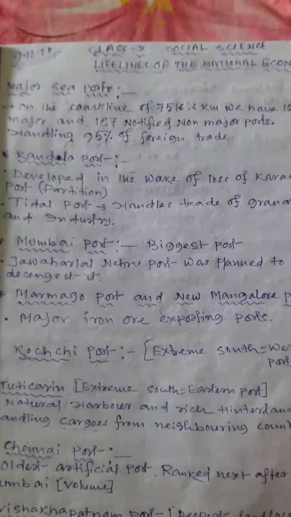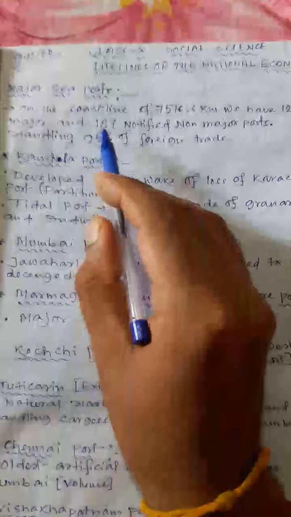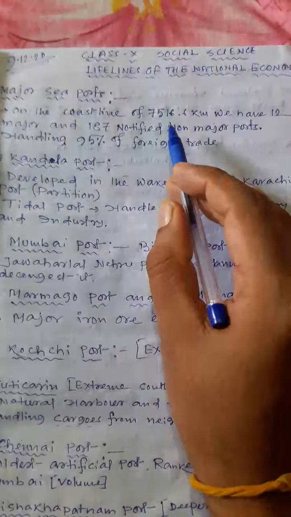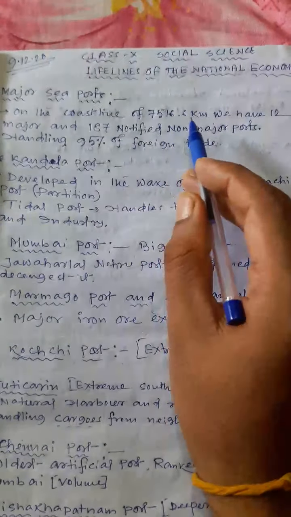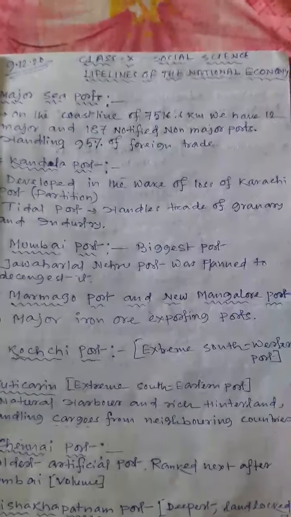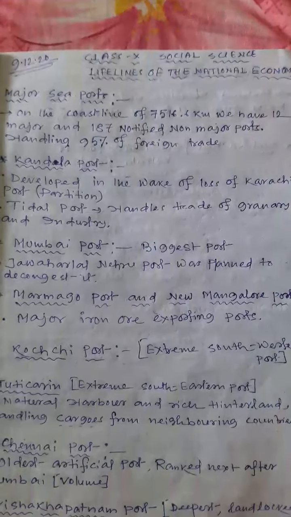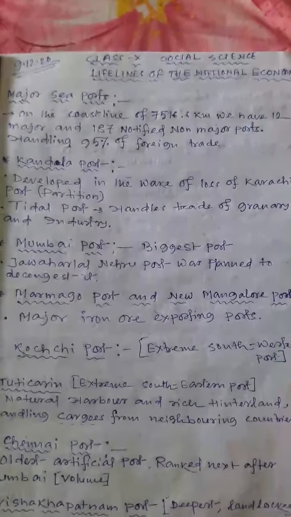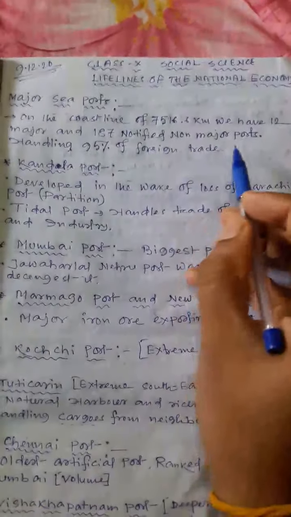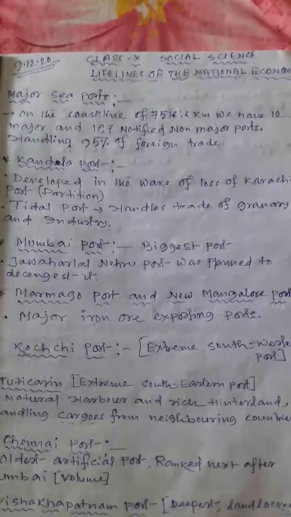Now I can clearly see one important fact that is mentioned here, that on the coastline of 7,516.6 kilometers, we have 12 major ports and 187 notified non-major ports handling 95% of foreign trade.